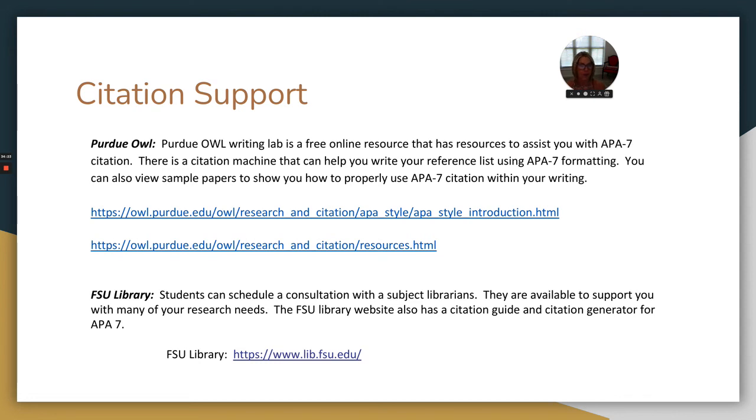They can support you with many of your research needs, and they're readily available. I don't think there's been one time that I wasn't able to meet with someone via Zoom or get an appointment face-to-face within just a few days, and they're very responsive when you reach out to them via email. So use that as a source.